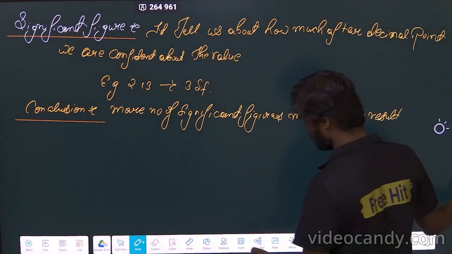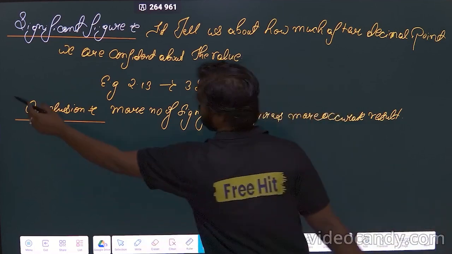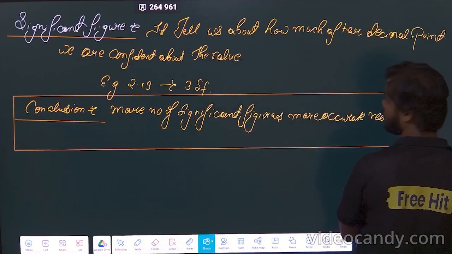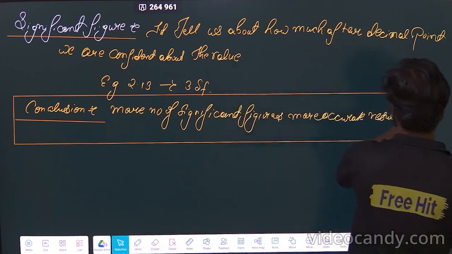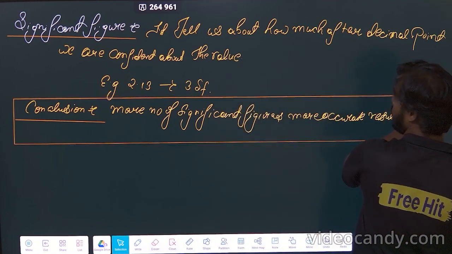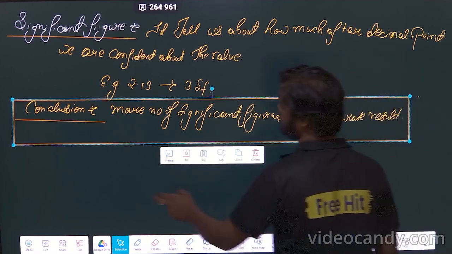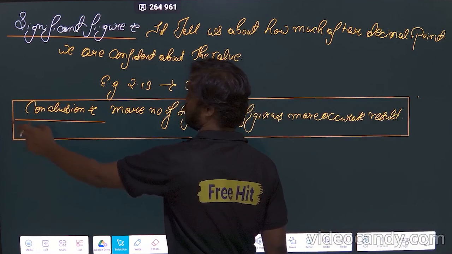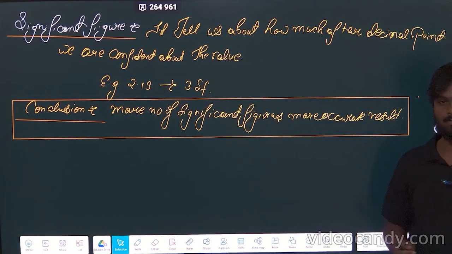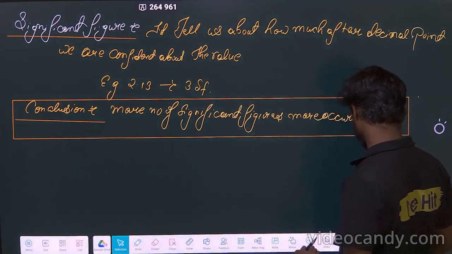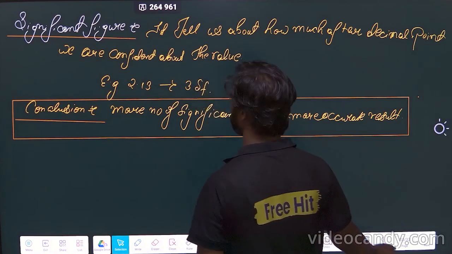That is the conclusion we can draw from here. Clear? Now we will see the different rules to calculate the significant figure.